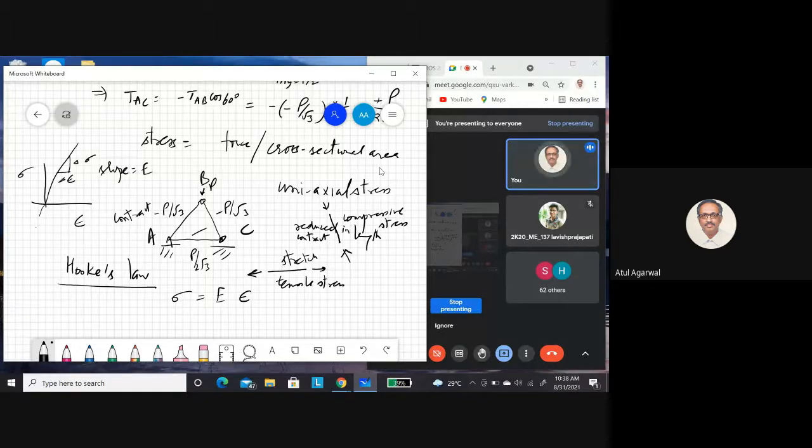So you may have something like 0.1% strain, meaning 0.001. And stresses are larger. What is your Young's modulus value for steel? 200 gigapascal. Suppose you have got a strain of this value. So what is your stress? What is the delta sigma?